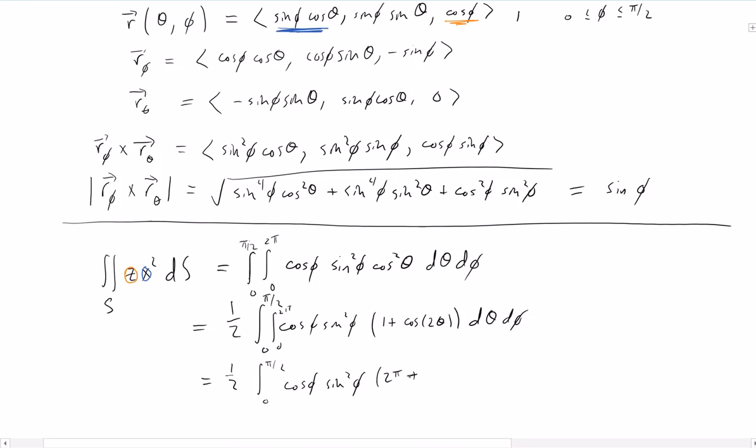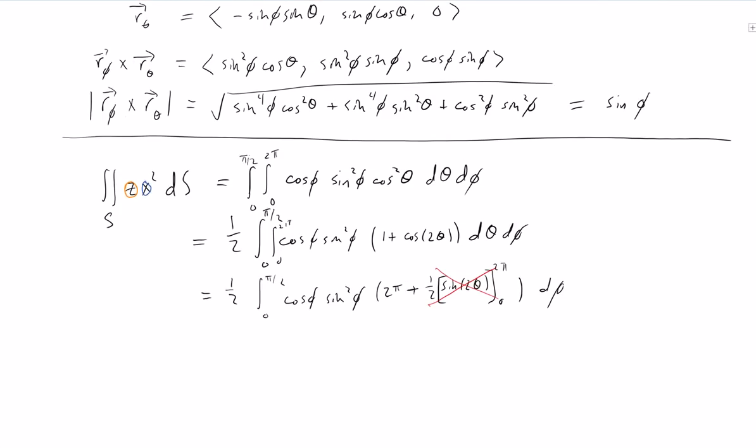And the integral of cosine 2 theta is 1/2 sine of 2 theta. And if we evaluate that from 0 to 2 pi, that's just 0. We just get 0 minus 0. So really, the first integral in the variable theta just gives us a factor of 2 pi, which cancels with the 1/2 we have, so we just get a pi out front.